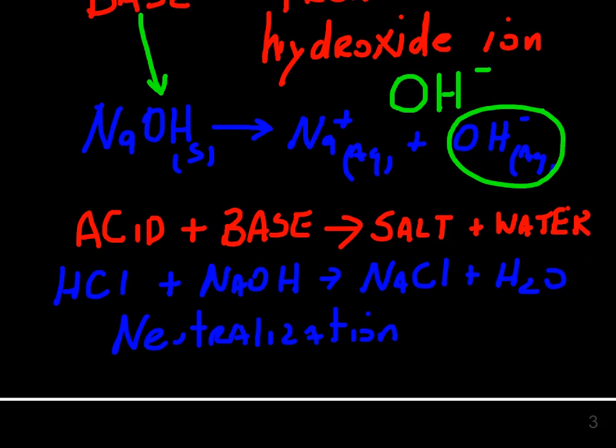Now, I got another definition of an acid and base, which is a little more complicated. This acid and base is called the Bronsted-Lowry definition. And it's more complicated, just flat out is.